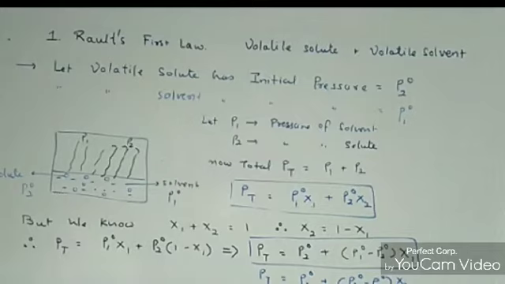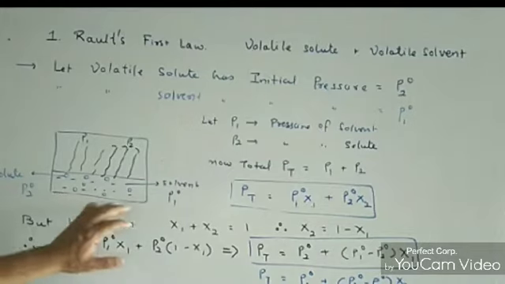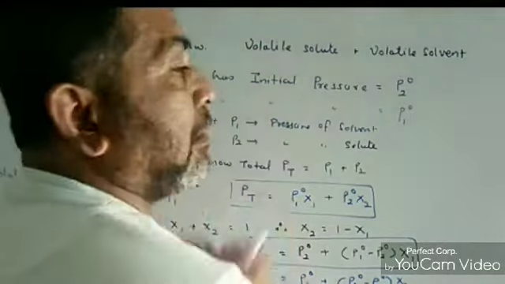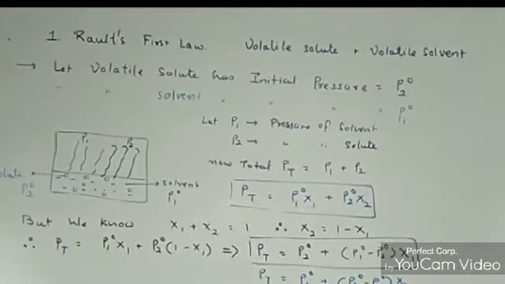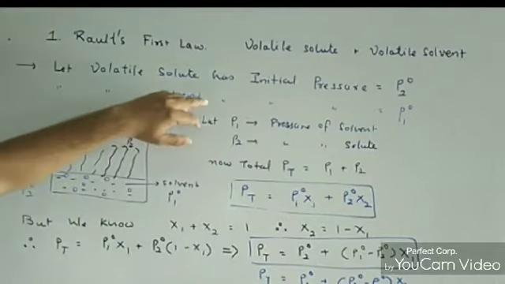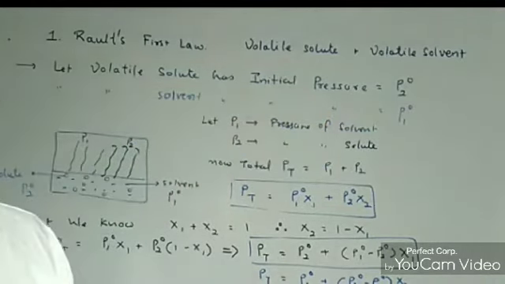So that is the vapor pressure produced by the solvent, that is P10 when it is in pure format, and P20 when the solute is in pure format. As both are volatile, they will both produce pressure. On this surface, the total pressure will come out, and that total pressure we are going to find. So dear students, let the volatile solute have initial pressure P20 in its pure format, and let the volatile solvent have initial pressure P10 in its pure format.